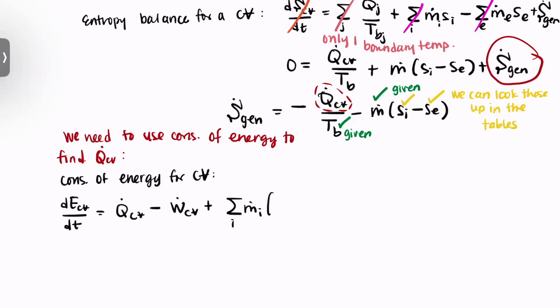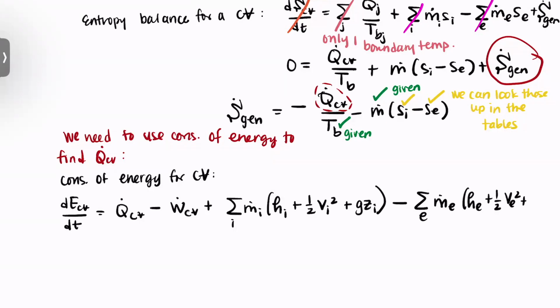So we have m dot times the enthalpy plus 1/2 Vi squared plus g zi at the inlet. So we have enthalpy plus kinetic energy plus potential energy. And then we have all of those types of energy that can be flowing out at the exit. So we have enthalpy at the exit, kinetic energy at the exit, and then potential energy at the exit.